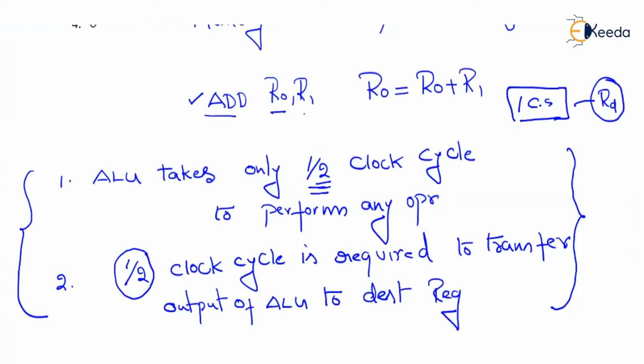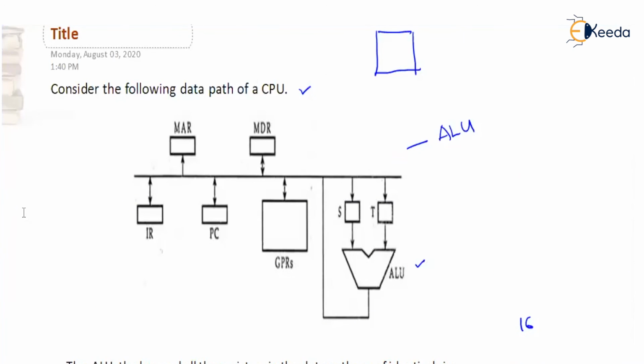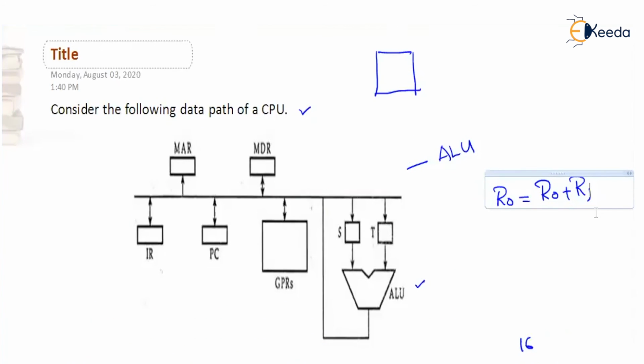Add R0, R1. Look at this ALU. The ALU requires half a clock cycle, right? But there are 2 local registers of the ALU. What needs to be done? R0 is equal to R0 plus R1, as given in the question.